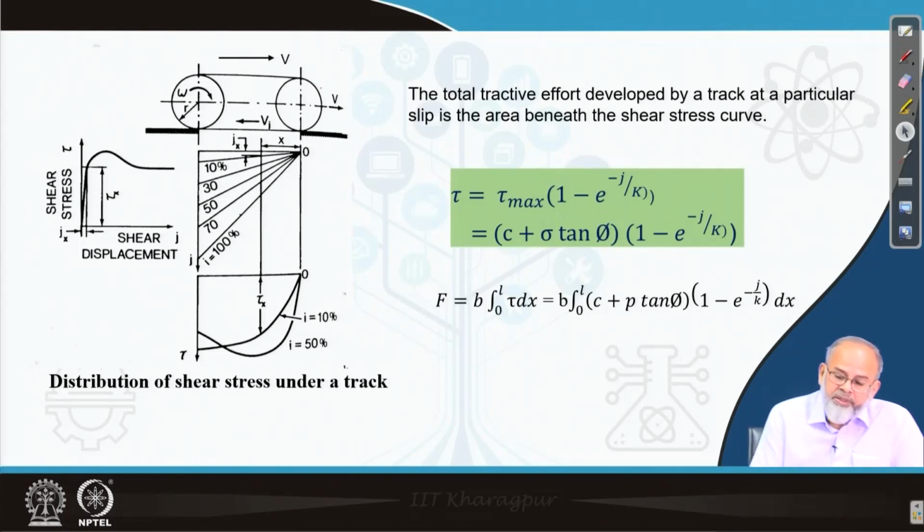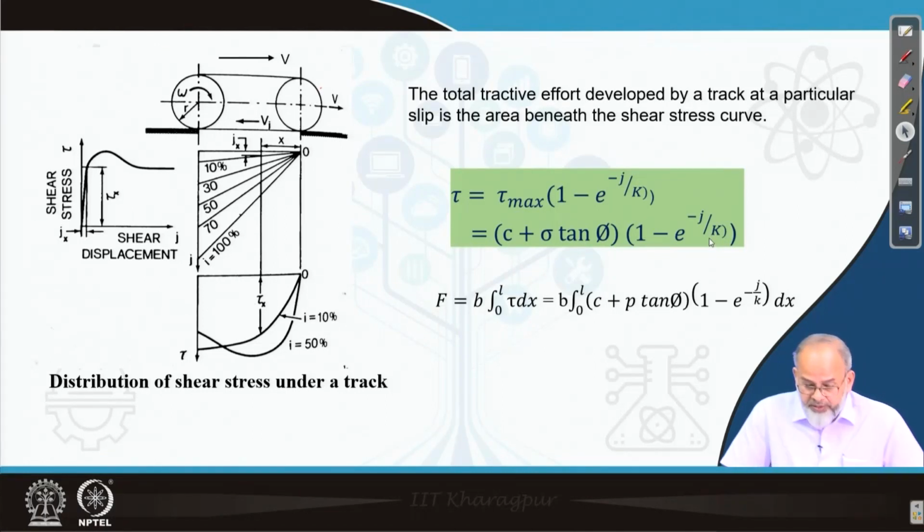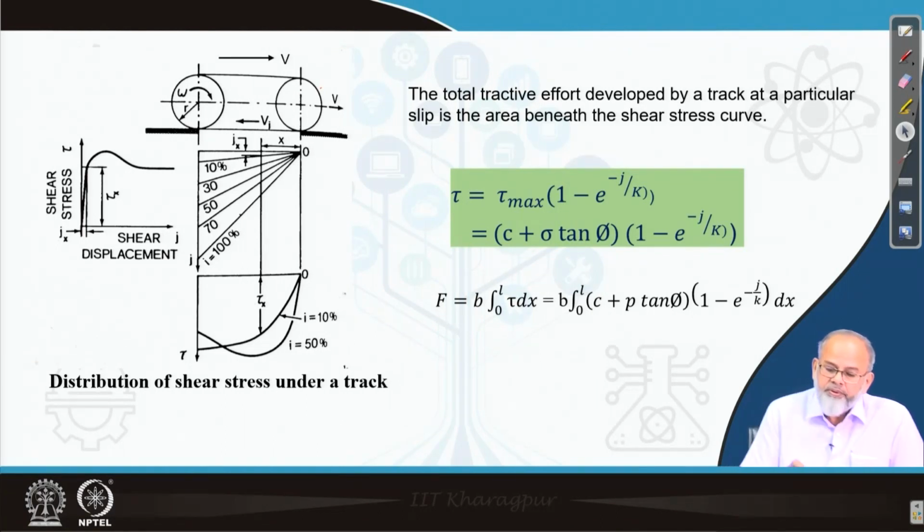So tau max I have written as c plus sigma tan phi. Here sigma we have considered as the normal stress which is acting on the track, and that is uniform along the track. It is not changing. So if that is the case, then thrust force will be equal to, how do you find out thrust force?